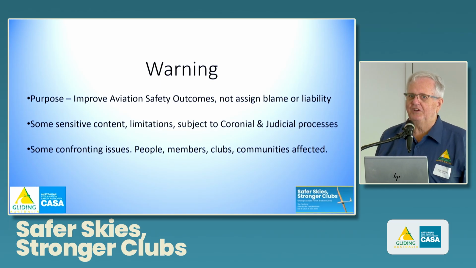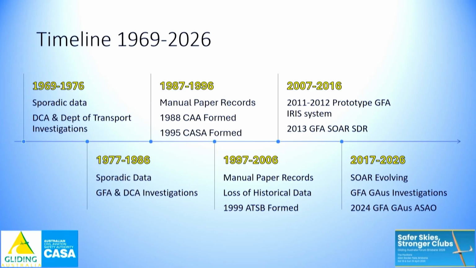There are things that have happened recently that are still subject to coronial and judicial processes, so there are limits to what we can say and disclose, but we will share as much as we can. And there are some confronting issues, because when we look at what has gone wrong, people, members, clubs and communities are all affected. So this gets tough. We've got to respect people's lives.